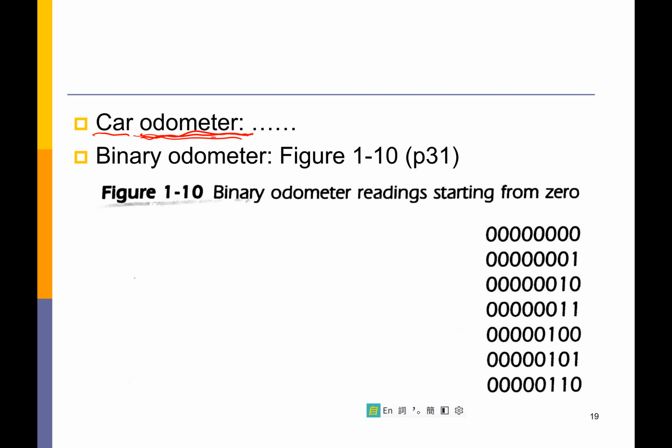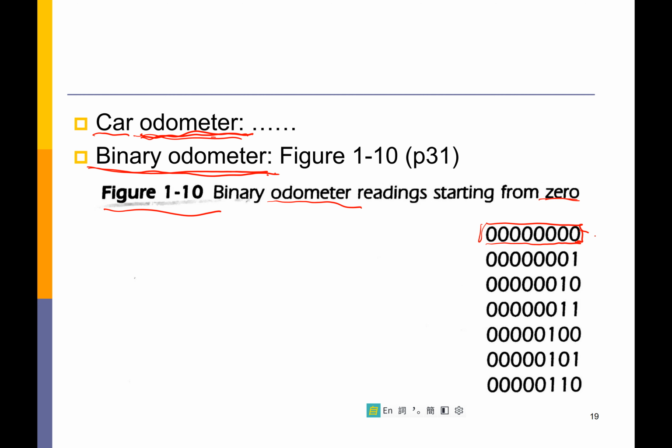Now, similarly, in binary we can have an odometer, which is Figure 1-10. This odometer also starts from 0. This is binary digits, starting with all digits 0.